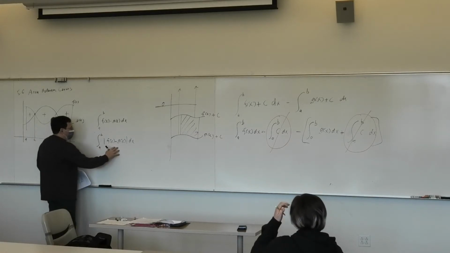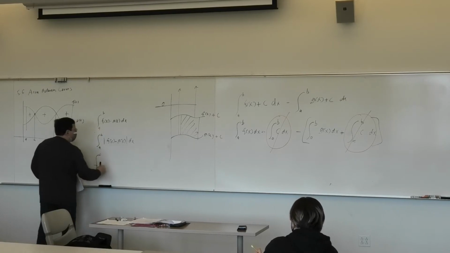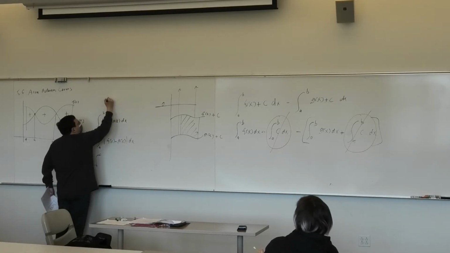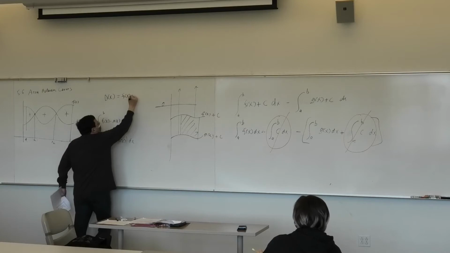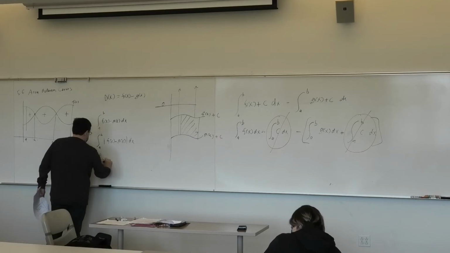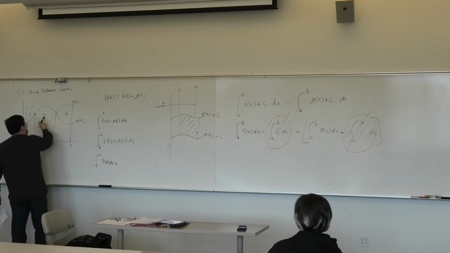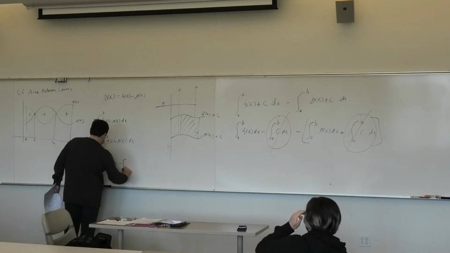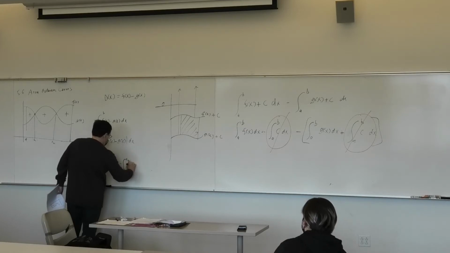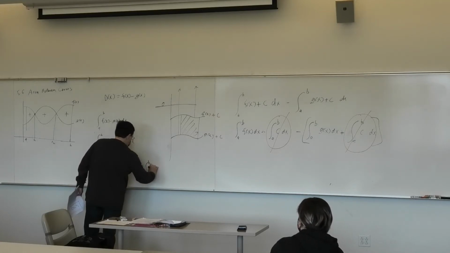So to evaluate this, now we want to evaluate from a to C1 of, let's just call this, I don't know, d of x. We want to evaluate from a to C1 of d of x, plus, well, now we're going to have to reverse the sign, minus the integral from C1 to C2 of d of x, and then just add from C2 to b of d of x.